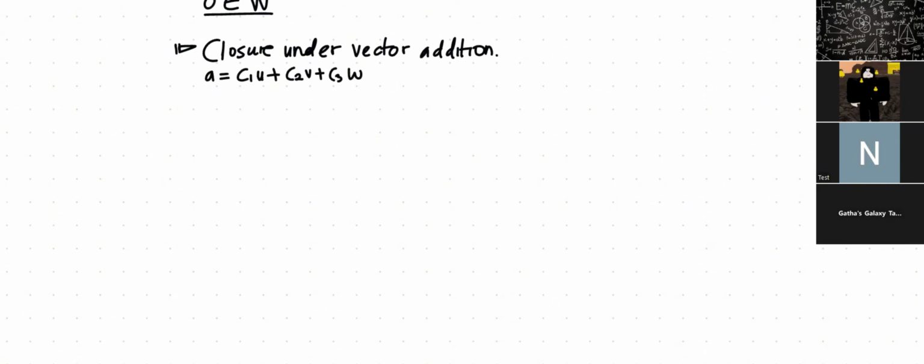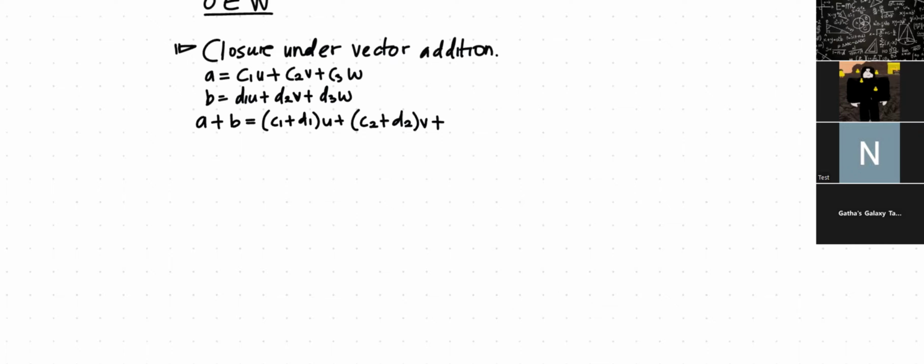And then vector B is D1U plus D2V plus D3W. Okay, their sum is (C1 plus D1)U plus (C2 plus D2)V plus (C3 plus D3)W.